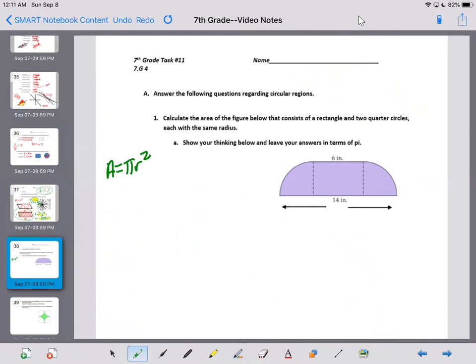Well, we've got 3 pieces actually. We have a rectangle. So the rectangle is going to be, we know this is 6.